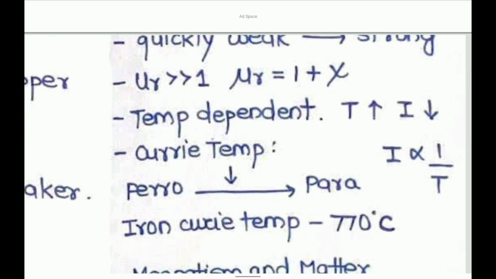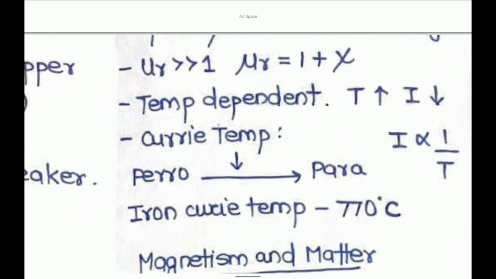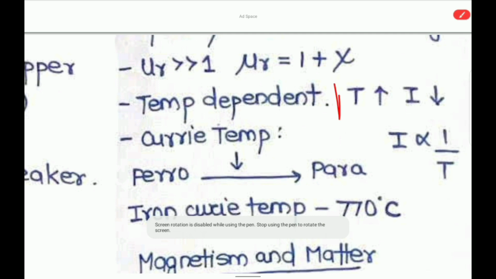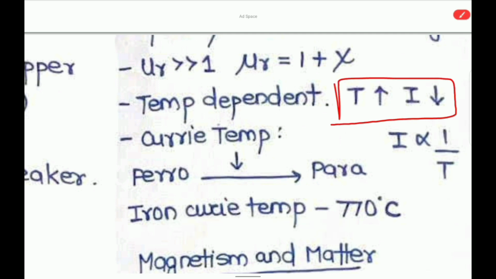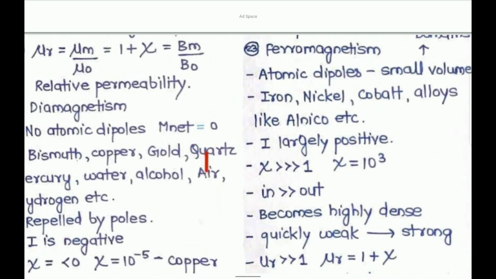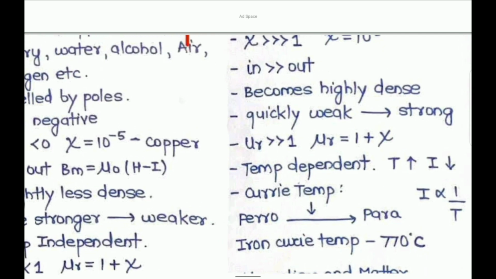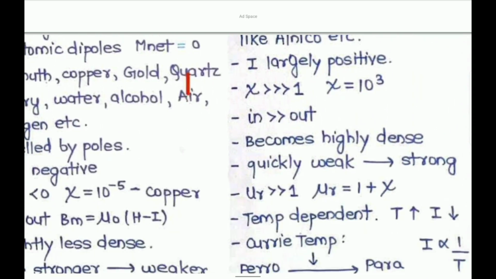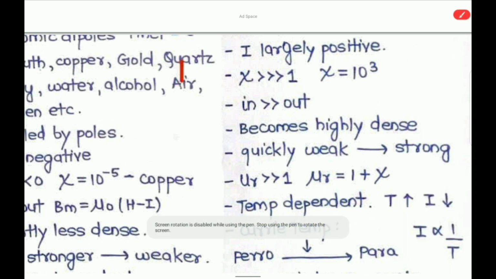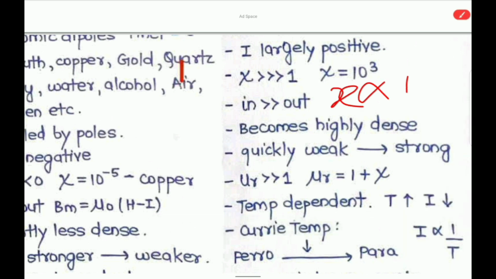As temperature increases, intensity of magnetization decreases, because of Curie's law. Curie's law states that susceptibility is inversely proportional to temperature. As temperature increases, susceptibility decreases.